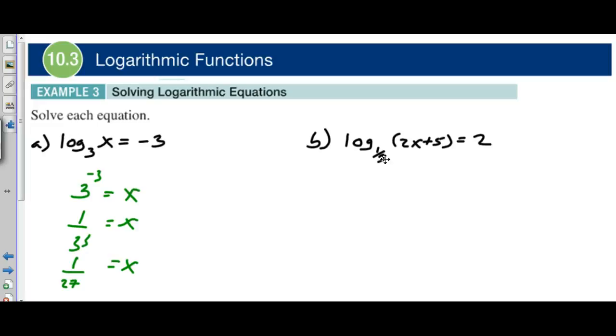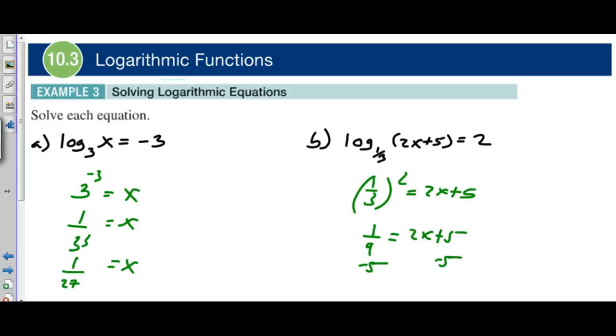Same thing over here. I'm going to take my base, so 1/3 to the power of 2, and that's going to be equal to 2x plus 5. Then we can square this, so we'll get 1/9 is equal to 2x plus 5. We can subtract 5 from both sides.